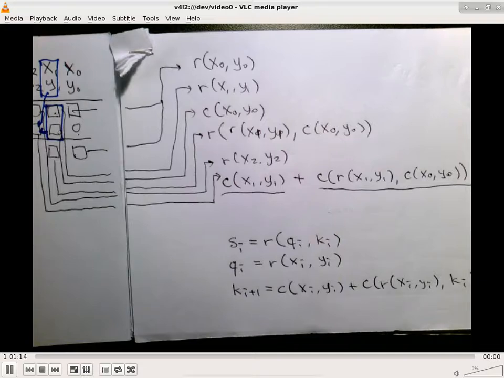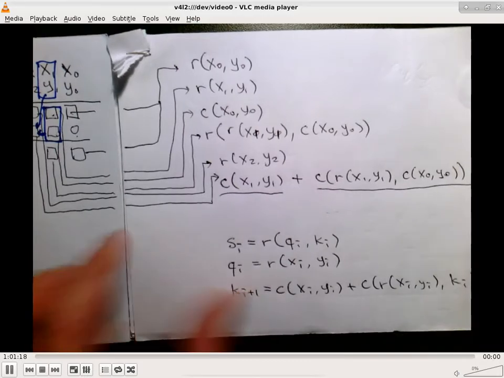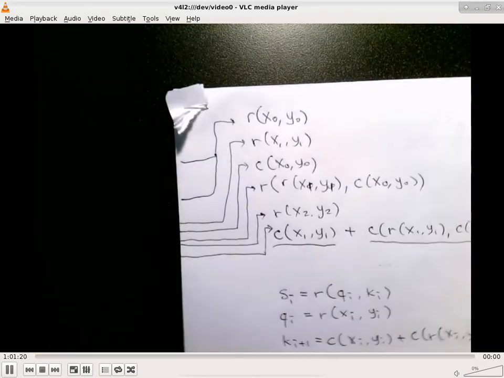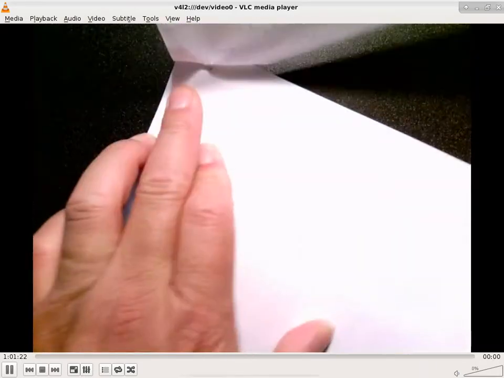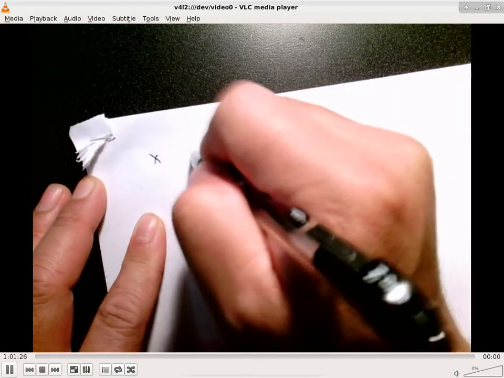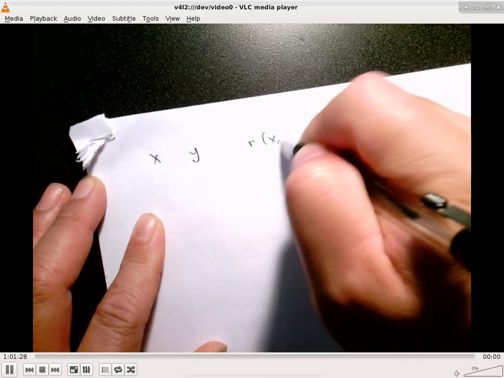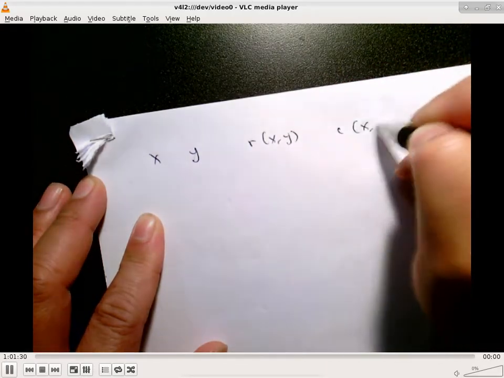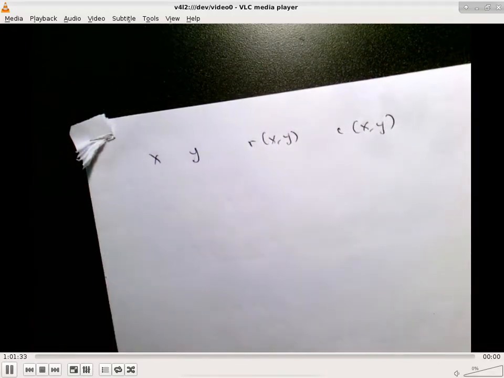Cool? All right. Now we switch gear again, looking at the R and the C, but from the binary perspective. So we have x, y, R(x, y), and then C(x, y). But this time they're binary.